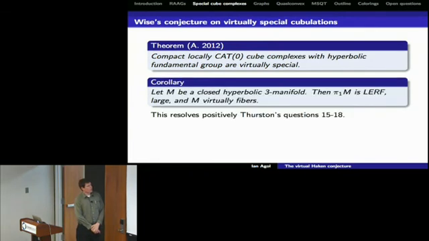As I described in the past couple of lectures, this has as corollaries Thurston's questions 15 through 18 from his list. So if you have a closed hyperbolic three-manifold, then the fundamental group is LERF, locally extended residually finite. It is large, meaning there's a finite index subgroup that surjects onto a free group, and it virtually fibers.